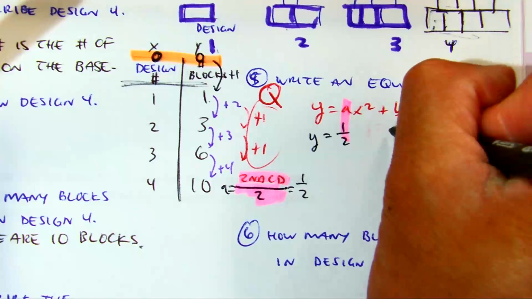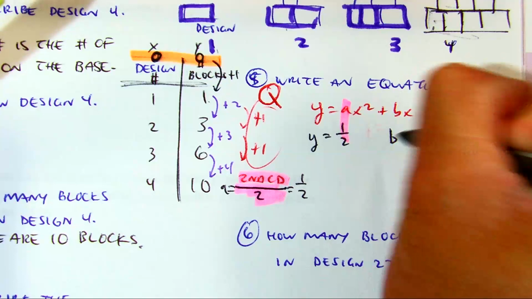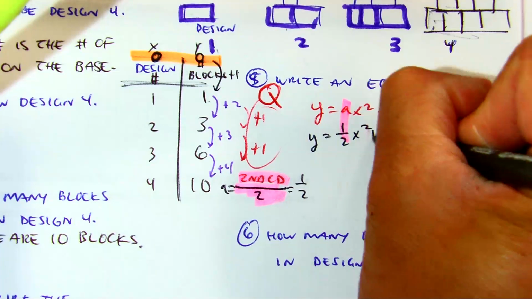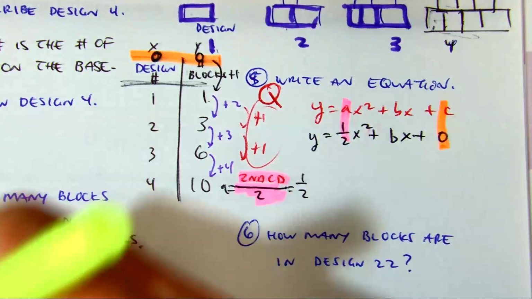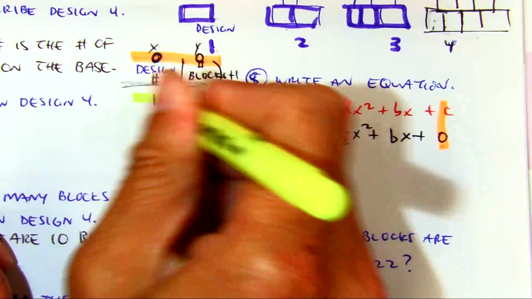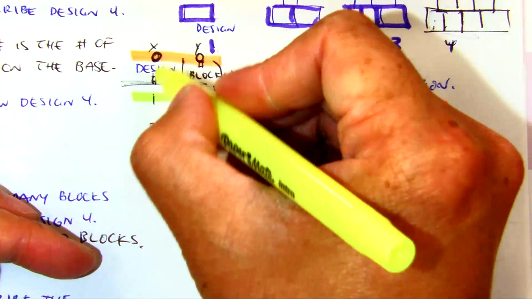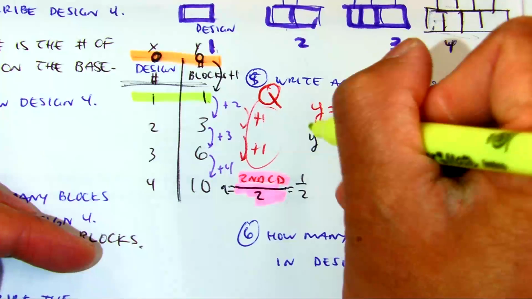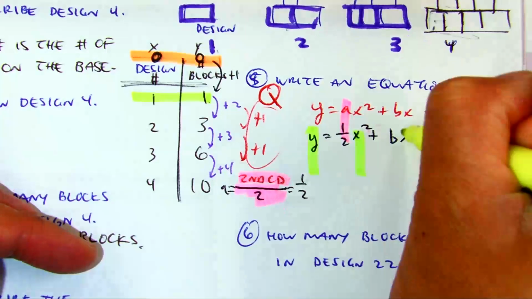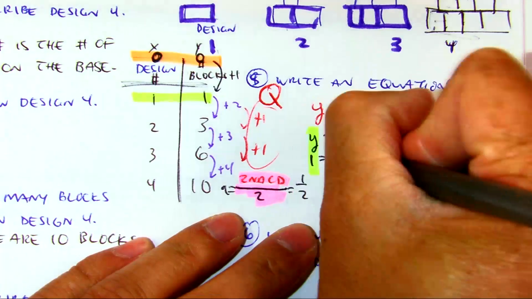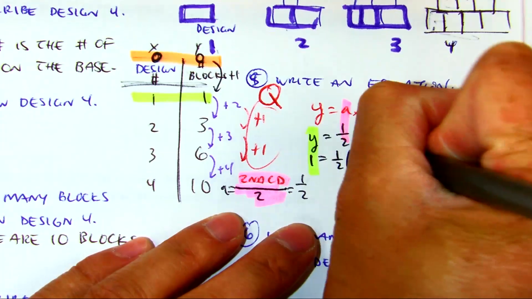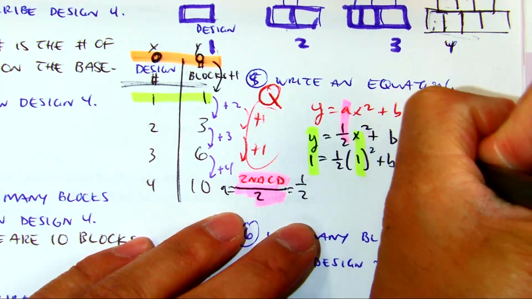And then how do you find a b value? To find a b value, I'm going to select an ordered pair, any ordered pair. This one looks super easy, 1, 1. Every x value is 1, every y value is 1. 1 equals 1/2 times 1 squared plus b times 1 plus 0.